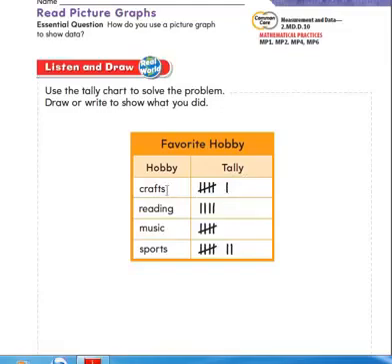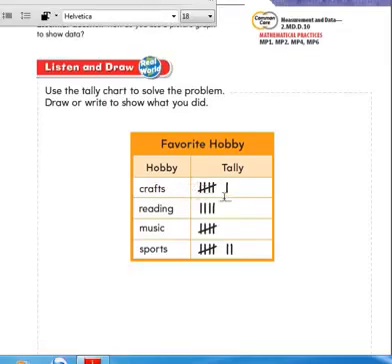So if you look at the row of the graph here, this is the first set of 5 and one more, so they are 6. And if you look at the second row, which is reading, we will get that there are 4 students who preferred reading.